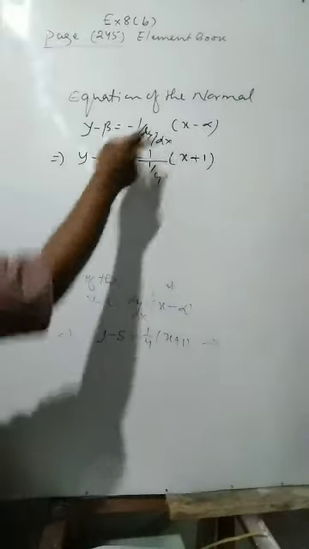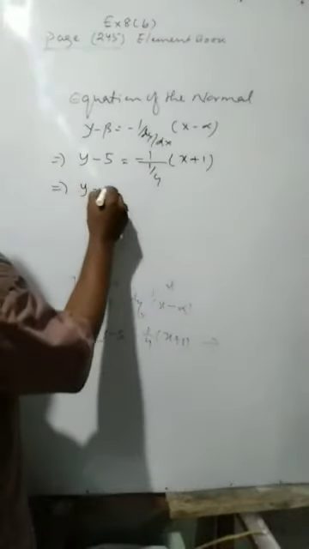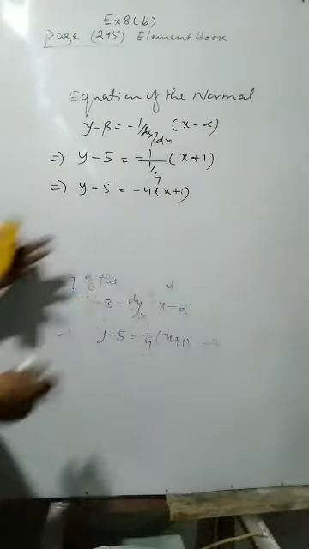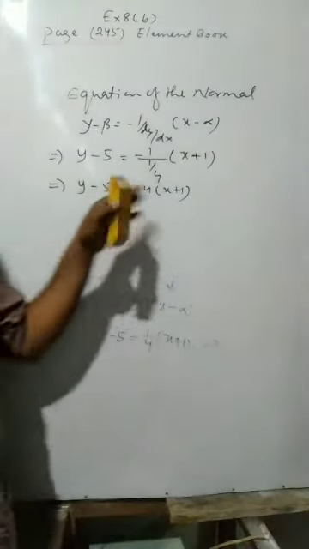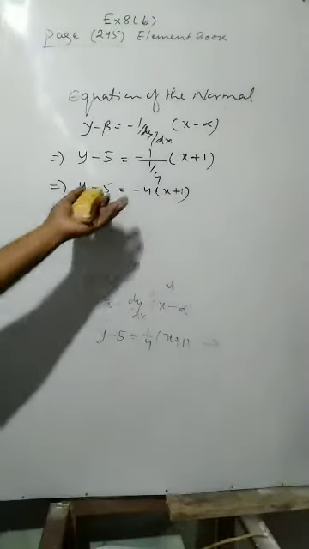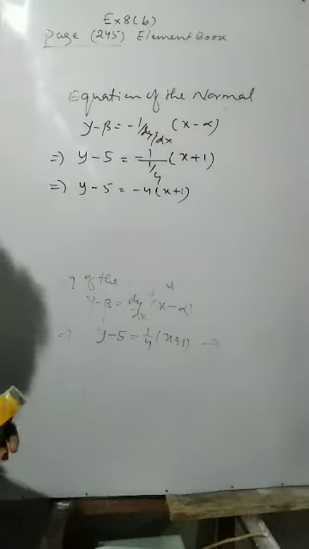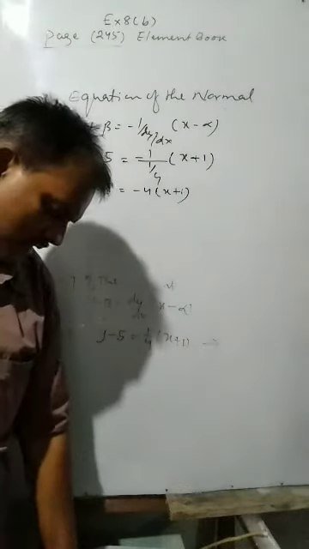Taking the reciprocal, y minus 5 equals -4 into x plus 1. This is the equation of the normal, and the earlier one is the equation of the tangent.